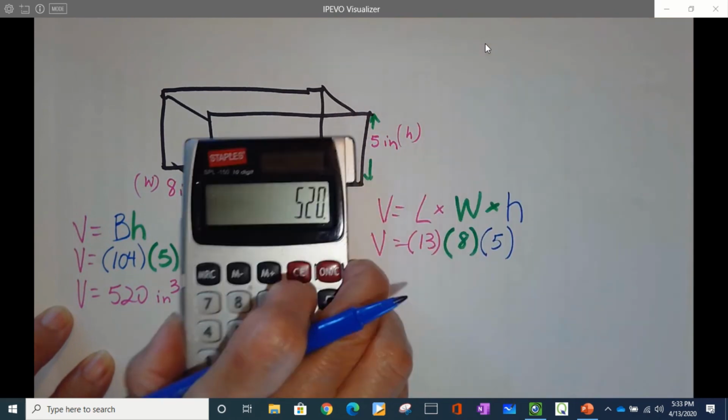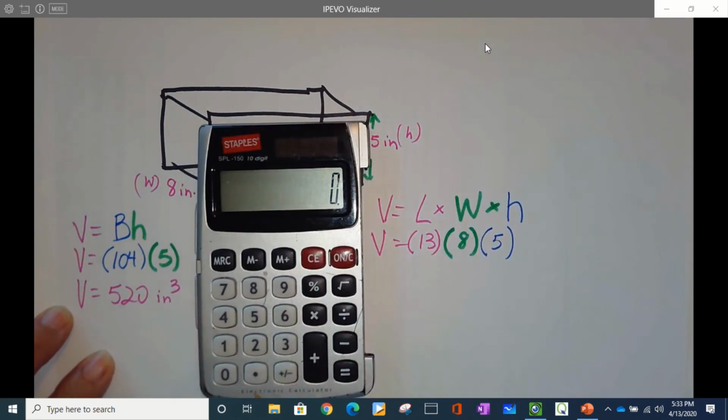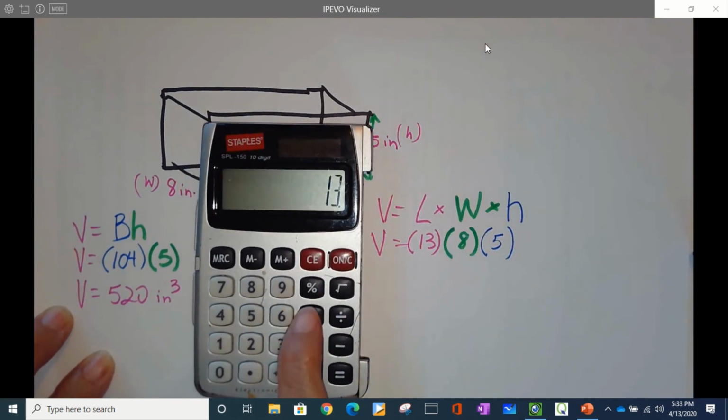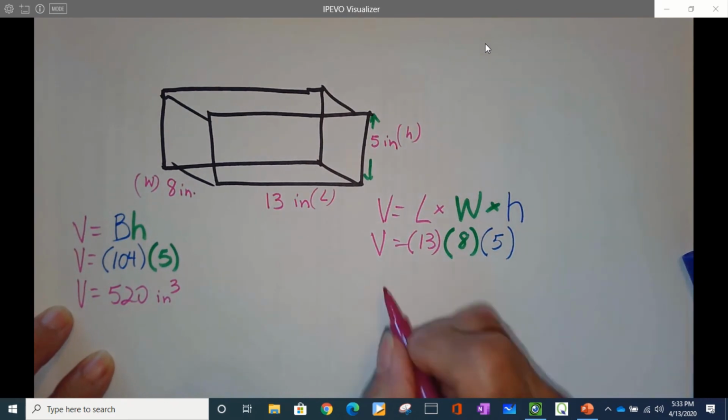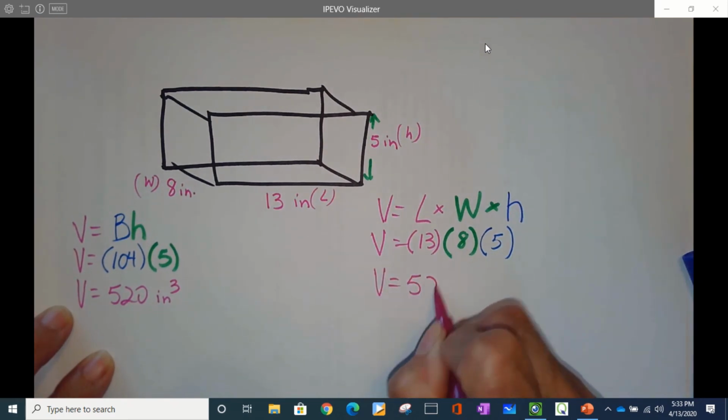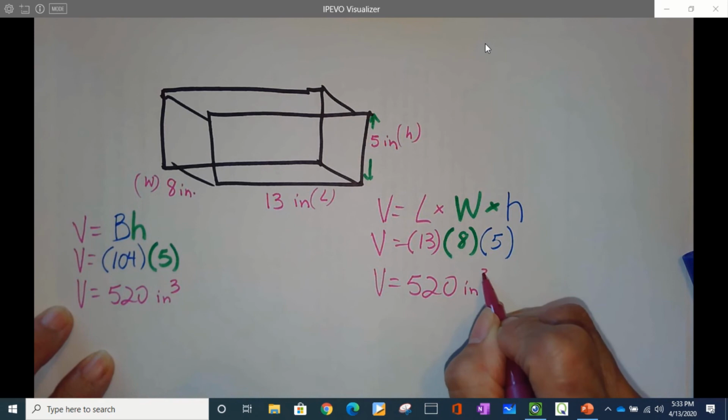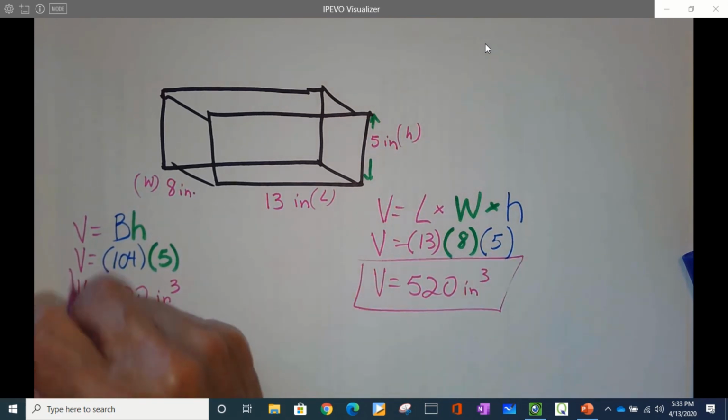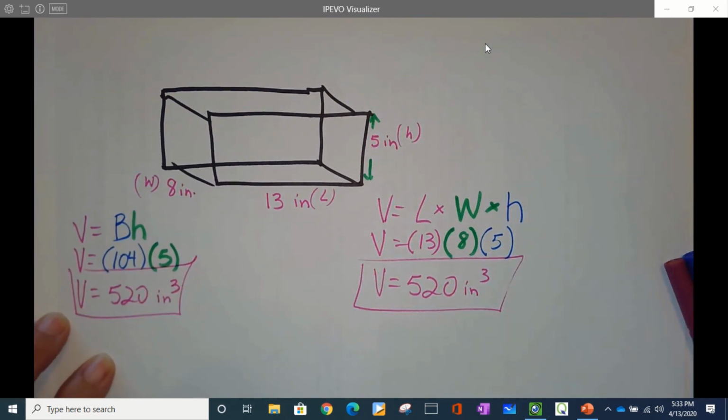Now I'm going to multiply these, and I should get 520. 13 times 8 times 5 equals 520 inches cubed. They're both the same. Excellent.